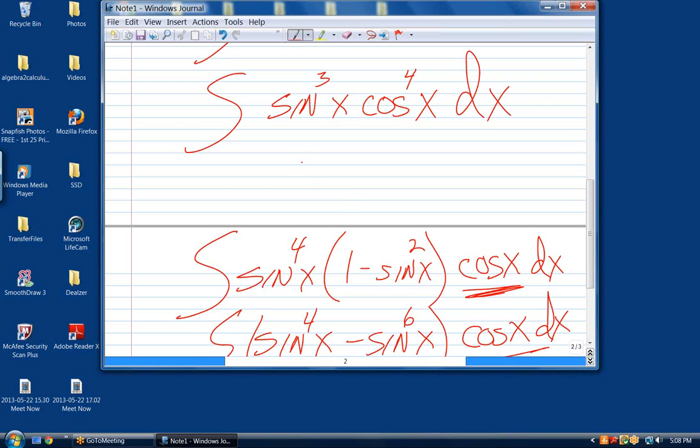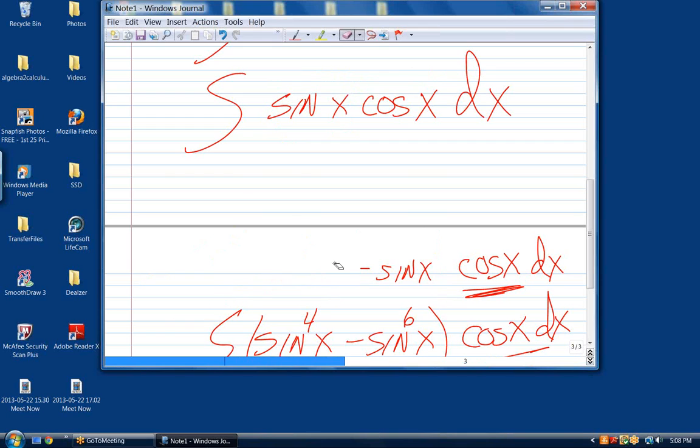Sine. Right, leaving behind sine squared times cosine fourth times sine, change the sine squared into cosines, and repeat like I did on that one. Okay? So if you have one odd and one even, that's what you do.